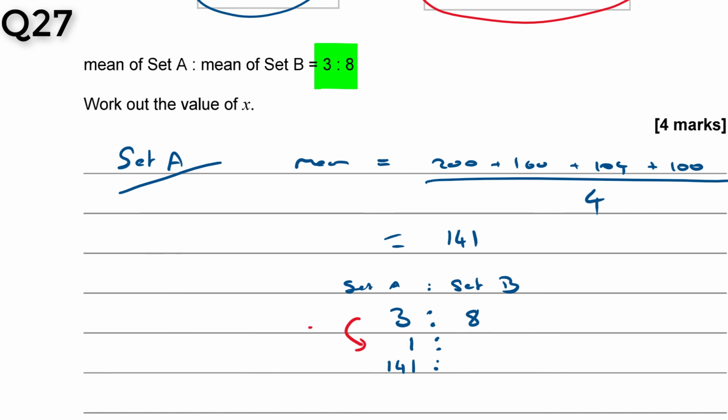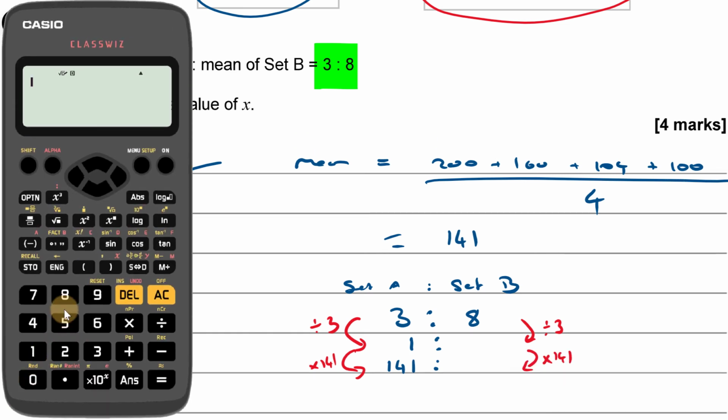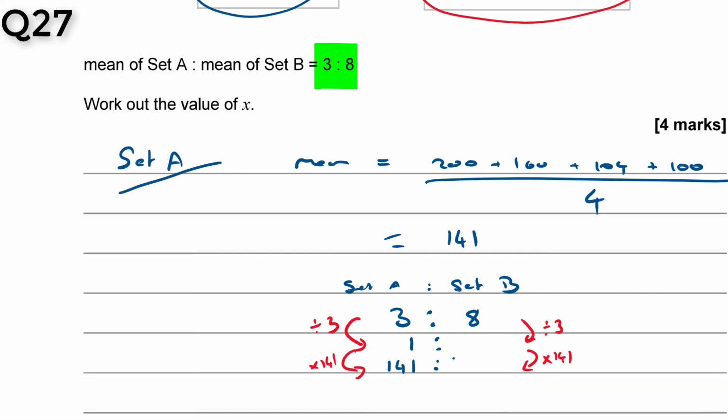If we divide by 3, we'll get to one thing, and then if we take that one thing and multiply it by 141, we'll get 141. But if we do that to one side of a ratio, we've got to do it to the other as well. So I'm going to divide by 3 and then times by 141. So what's that then? 8 divided by 3 times by 141. That comes out to be 376. So now I know that the mean of my set B is going to be 376.